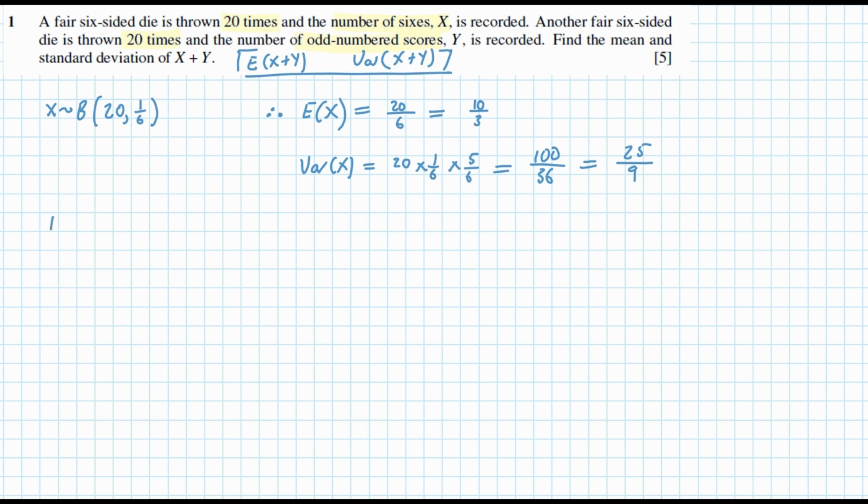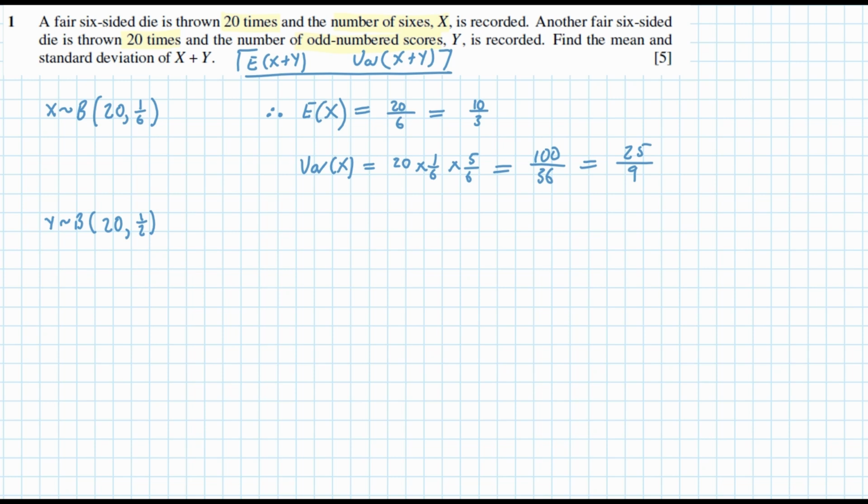Y is also binomial. This time there are 20 trials, and we're talking about the number of times we get odd-numbered scores. Half of the scores on the die are odd and half are even, so it's binomial 20, 1/2.